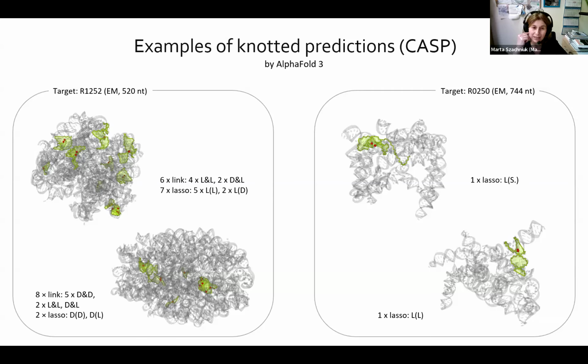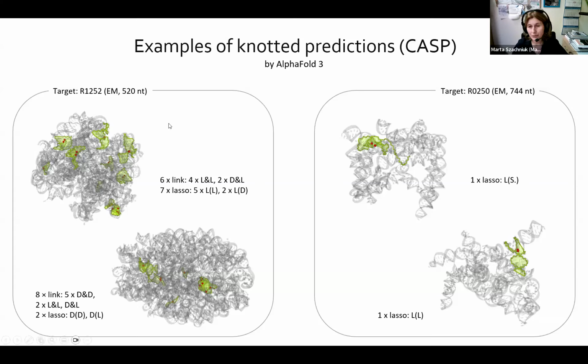And what we found was that AlphaFold can predict structures with entanglements. And it's not just one entanglement, it can be quite many in one structure, especially if the structure is quite large, like for example here.